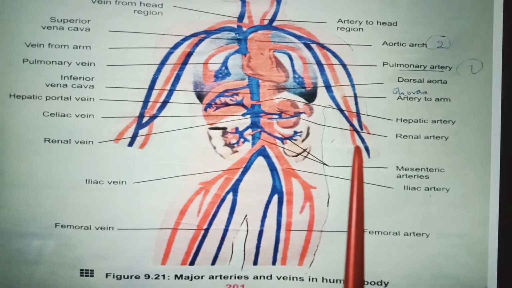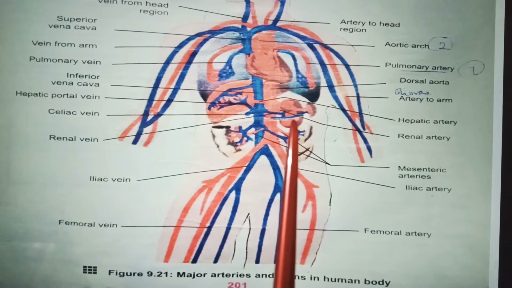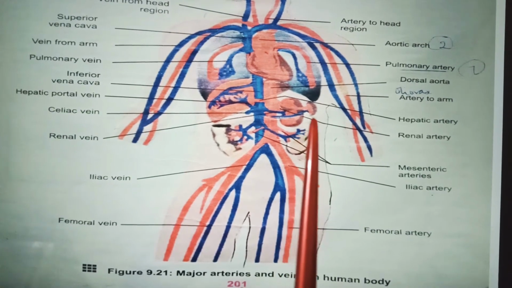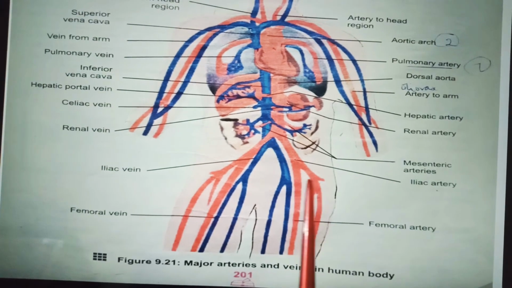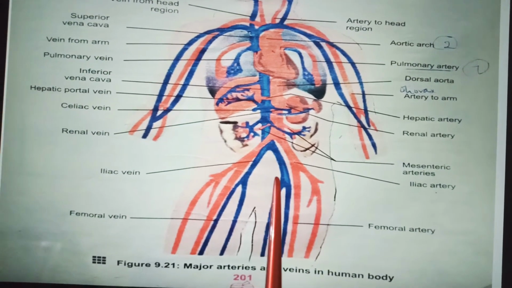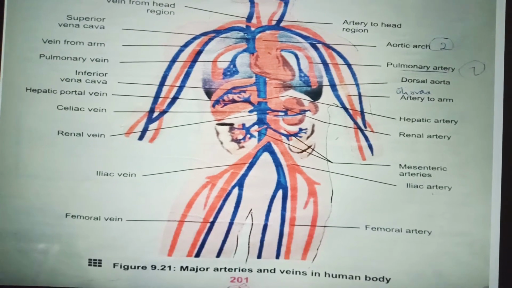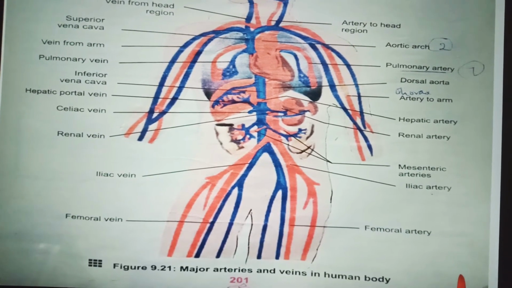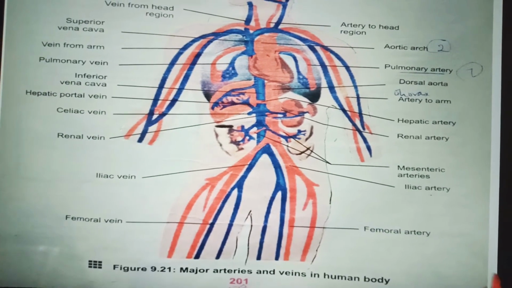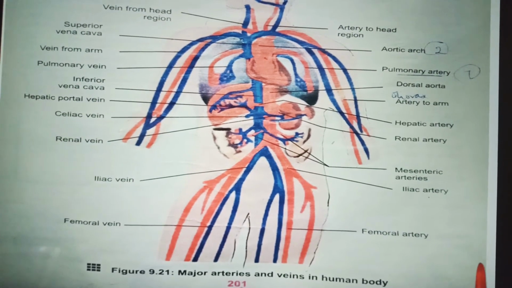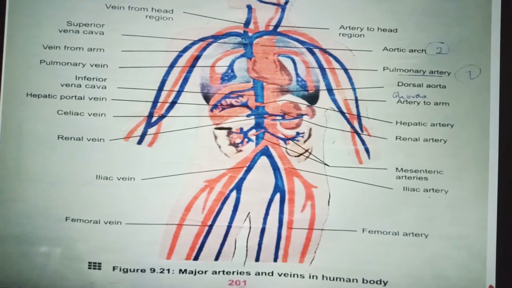A pair of renal arteries supply blood to the kidneys. Gonadal arteries supply blood to the gonads, which are located here. Just below the gonadal arteries is the inferior mesenteric artery, which supplies blood to a part of the large intestine and rectum.